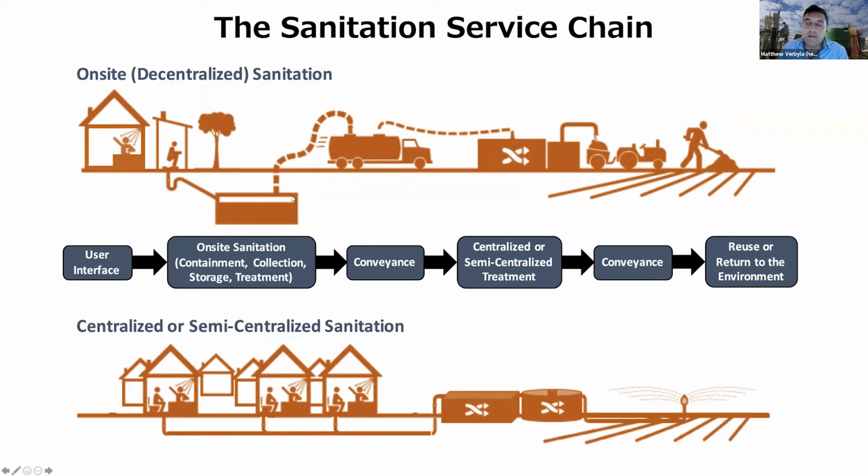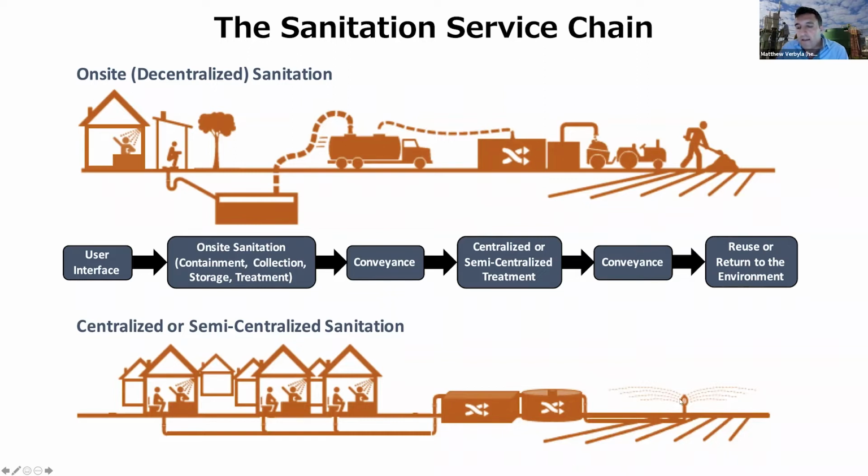Sometimes gray water also goes into the septic tank as well. From that septic tank, it would be discharged into a leach field where the liquid portion would percolate into the ground, and the solids, when they build up over time, would be removed often by a tanker truck or some manual sludge removal operations and conveyed to a centralized treatment facility.